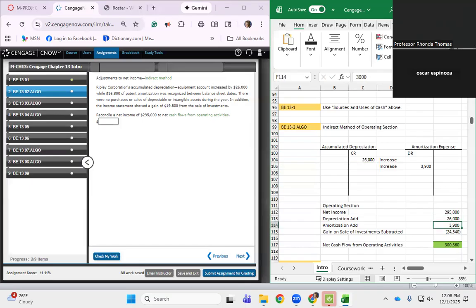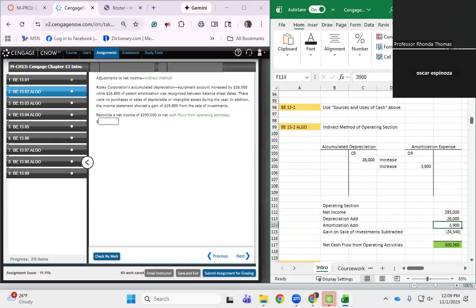Now, I guess I should have included one more thing on the recipe. I forgot one piece. Sorry. Up here, after depreciation, put plus amortization. Now, that may or may not be going on in a company, but it is pretty much always going to be a plus.